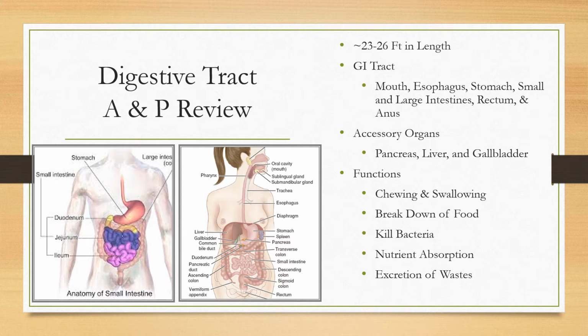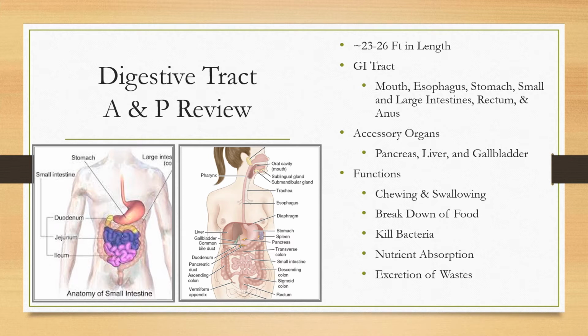But really, the digestive tract starts at the mouth and finishes at the anus. So you have mouth, esophagus, stomach, small intestine, and there's three parts to the small intestine that we'll review. The large intestine, which is the colon, and the rectum is the colorectal area, and then the anus.